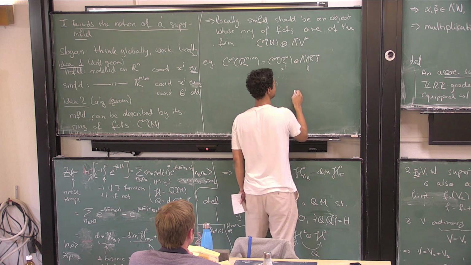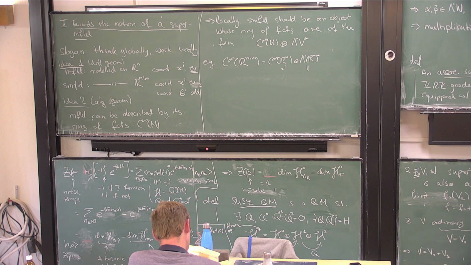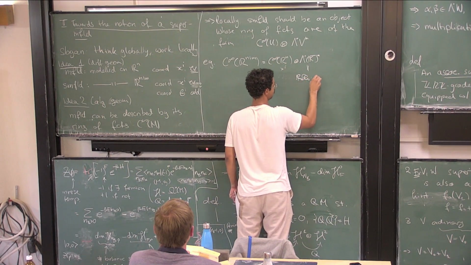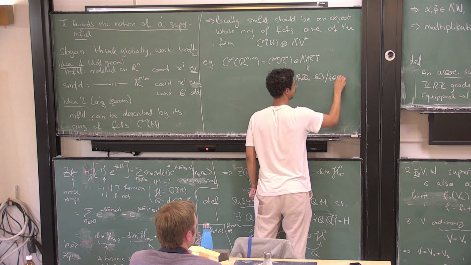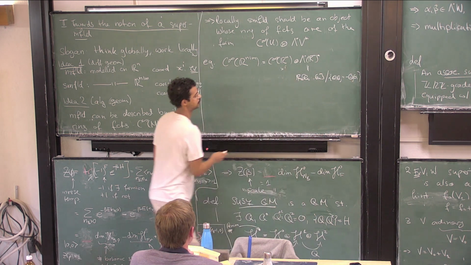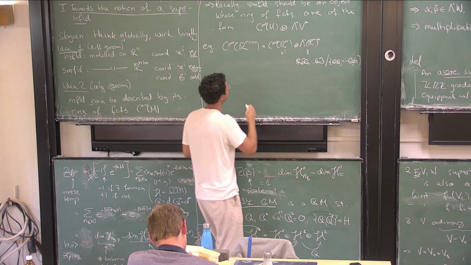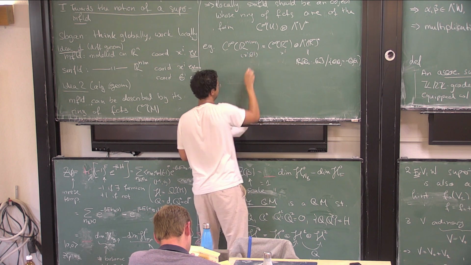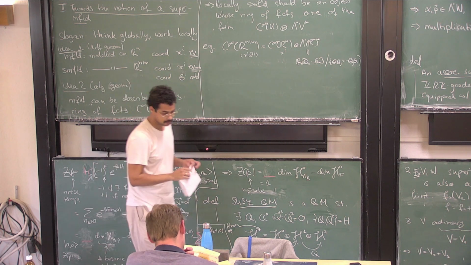This is essentially the same as these functions here, okay? So they're polynomials generated in these odd coordinates where theta i and theta j anti-commute. Where on the second part, we had coordinates xi and theta j. Okay.